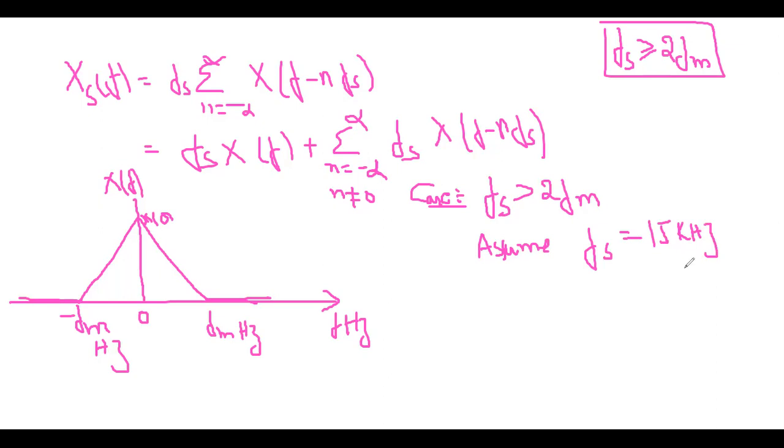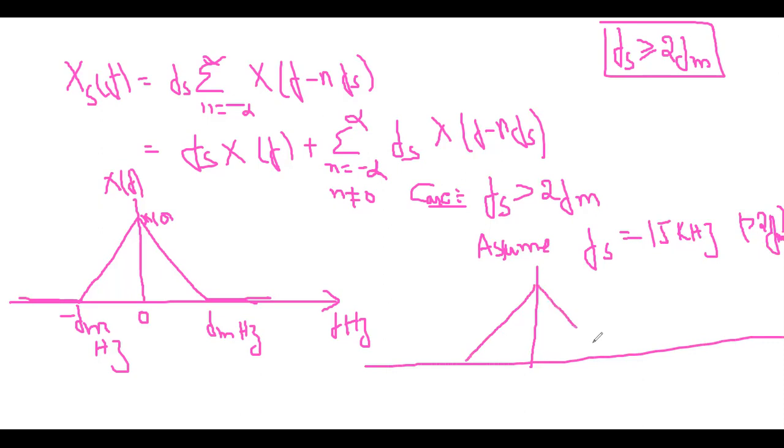Fs is greater than 2 fm, where fm is the maximum frequency. I am taking the spectrum as minus 5, 0 and plus 5.